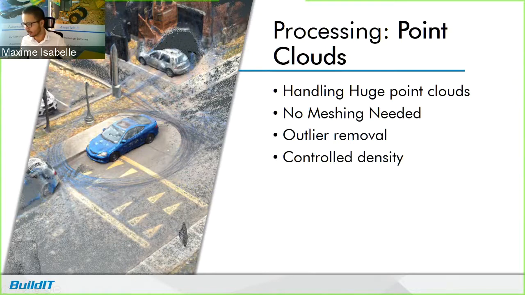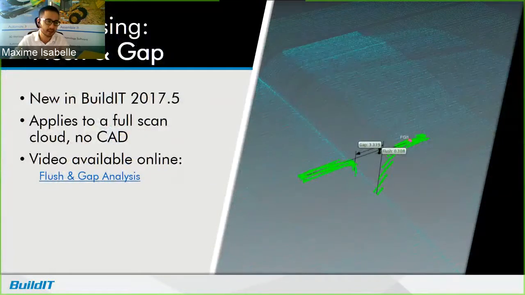Just to move to the next slide, we have flush and gap. Flush and gap is new in BuildIT 2017.5, which is just about to be released. And the way that it works in BuildIT is that it works on a full scan cloud. There's no CAD required. And this is important because in automotive, if you're going to use imagers, the scan comes in one shot.